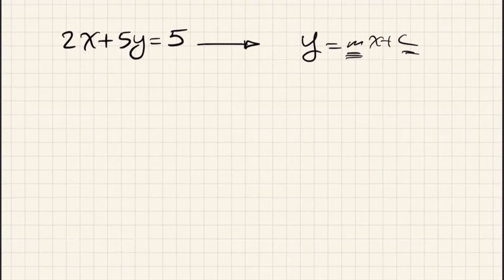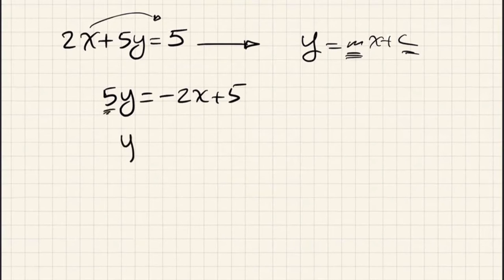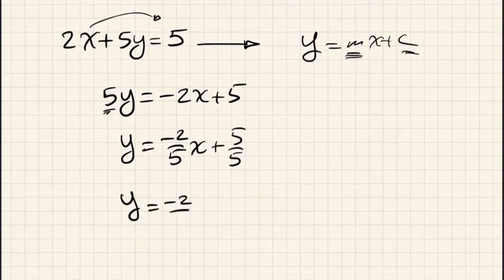Let us do it. Shift this to the other side, so it will be 5y equals -2x plus 5. Then divide both sides by 5 to get rid of the 5. So y equals -2 over 5 x plus 5 over 5, which means y equals -2 over 5 x plus 1. So now the gradient equals -2 over 5 and the y-intercept equals 1.